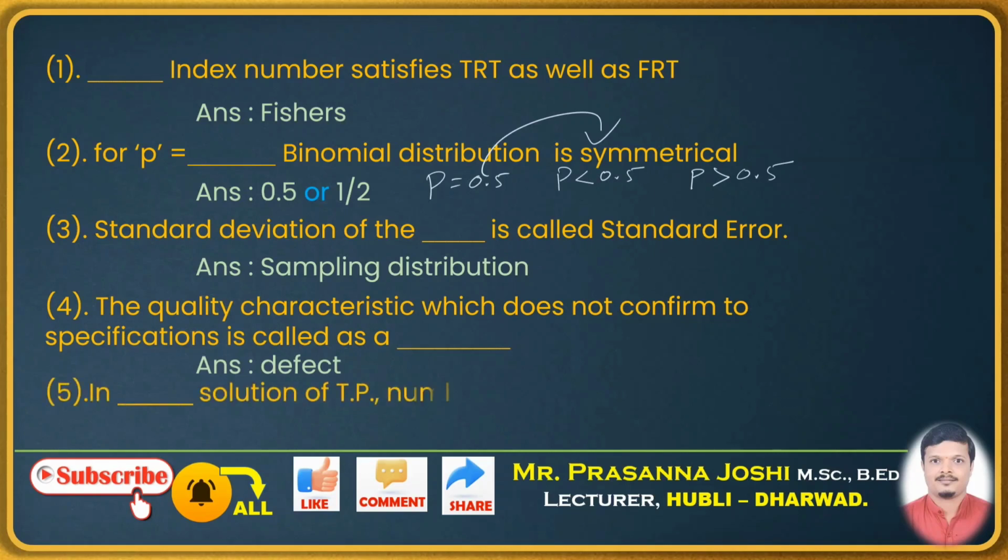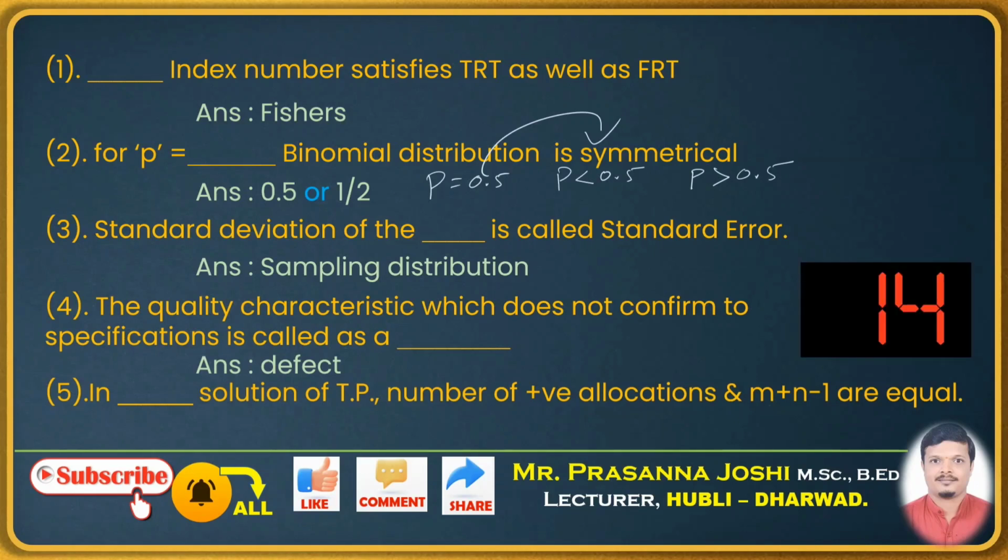In dash solution, the TP, transportation problem, number of positive allocations and m plus n minus 1 are equal. What is that solution of TP called, in which positive allocations as well as m plus n minus 1 are equal, it is being asked.